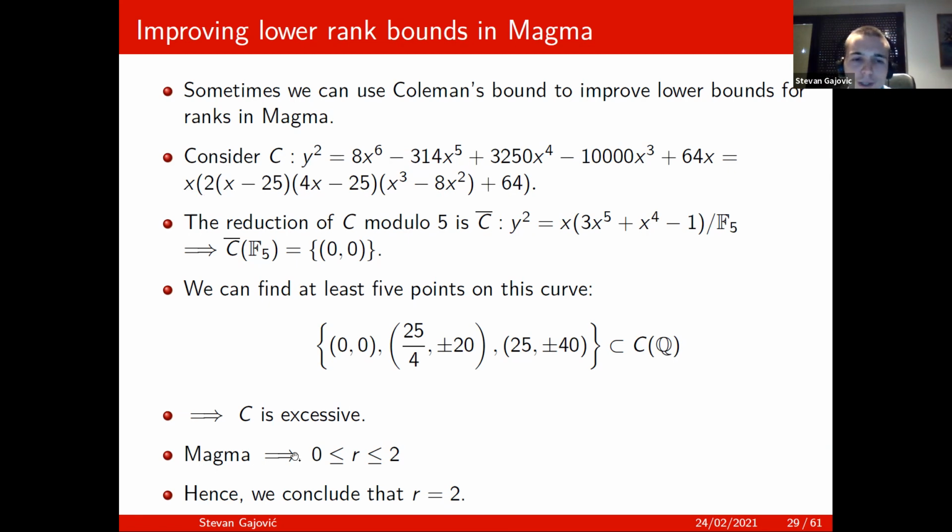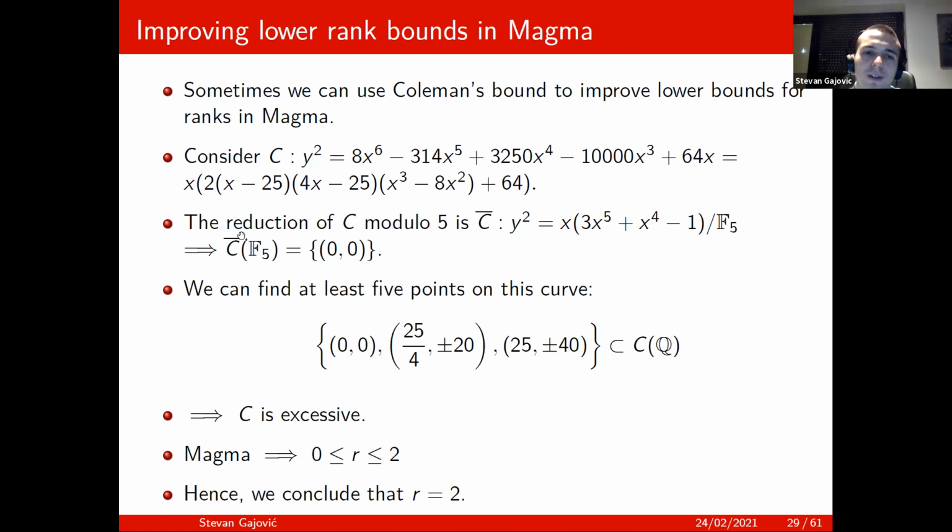In this case, we can see that the lower bound is 0 and the upper bound is 2. For upper bounds, it uses bounds on the dimensions of Selmer groups. And for the lower bounds, it uses a search to generate enough linearly independent elements of the Jacobian, but for some reason, Magma failed to do that in this case.